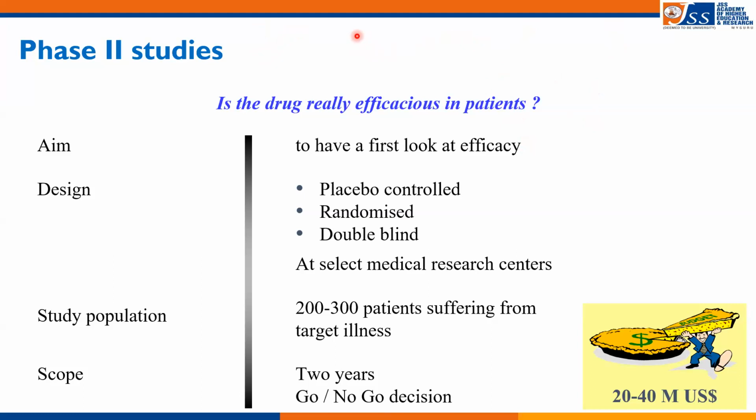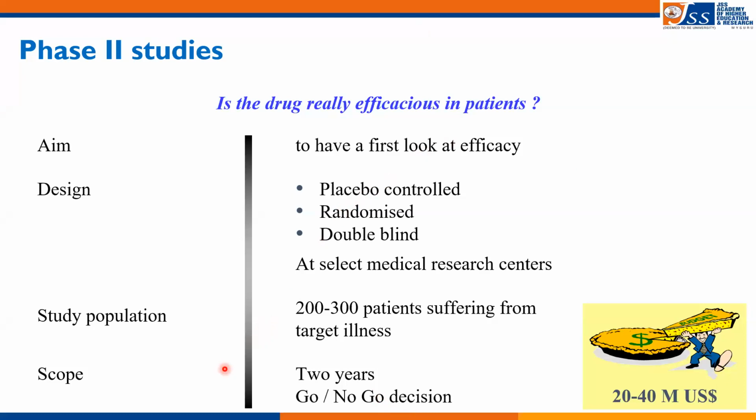The design includes a placebo control design. That means you are going to use a placebo in the trial. It is randomized and double-blind. It is done at selected medical research centers where the study population is about 200 to 300 patients who are really suffering from this disease.